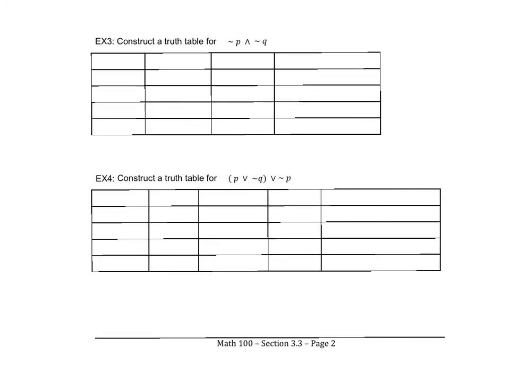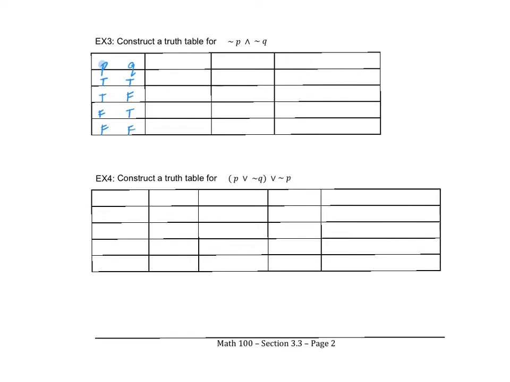We'll do another example. In example 3, we have not P and not Q. Two different letters, P, Q. P is true, true, false, false. Q, true, false, true, false.